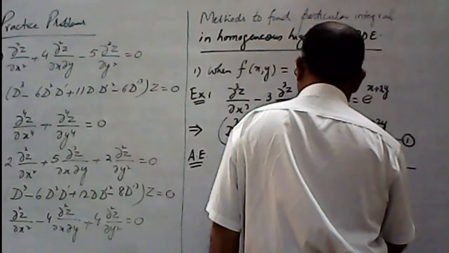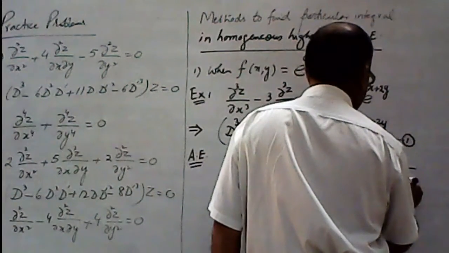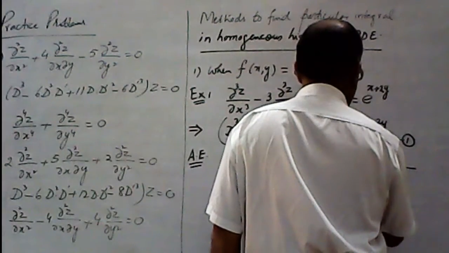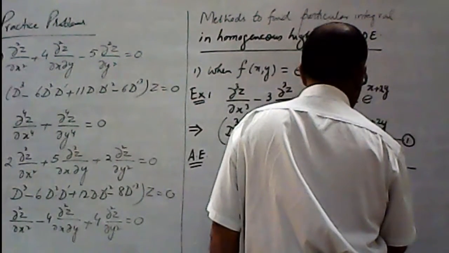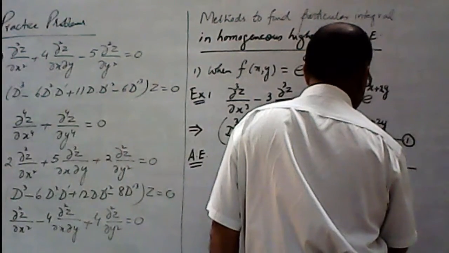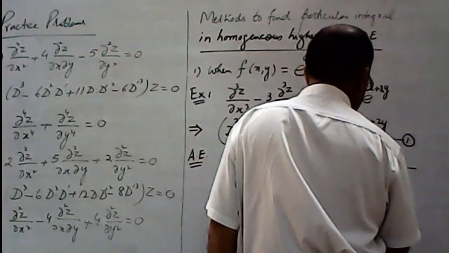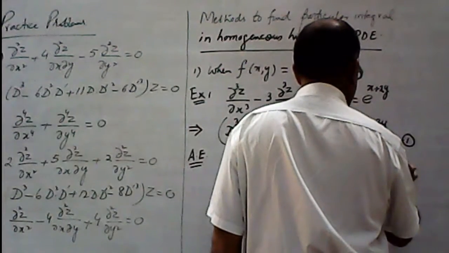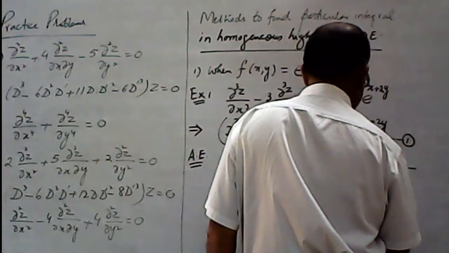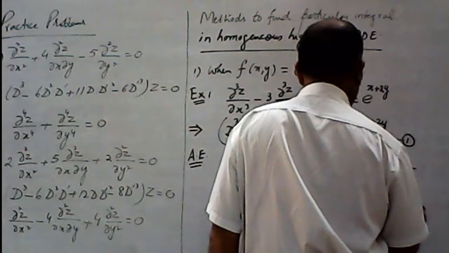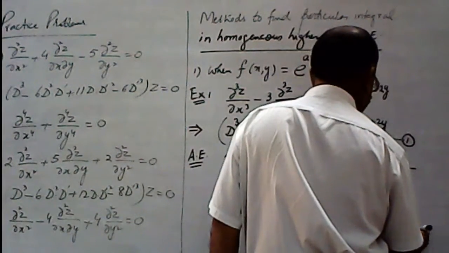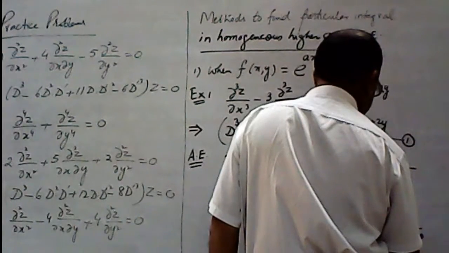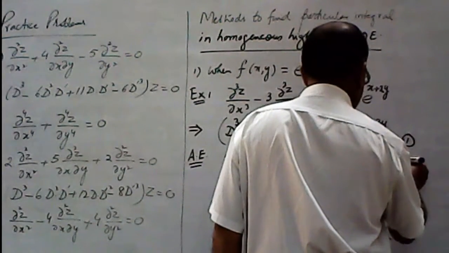So m cube minus 3m square plus 4, dividing by m minus 2: m square times m minus 2 gives m cube minus 2m square, leaving minus m square plus 4. Then minus m times m minus 2 gives minus m square plus 2m, leaving minus 2m plus 4, so plus 2 times m minus 2.